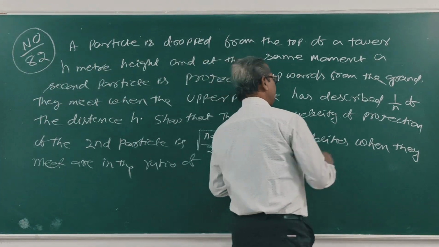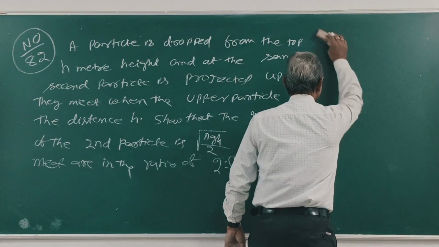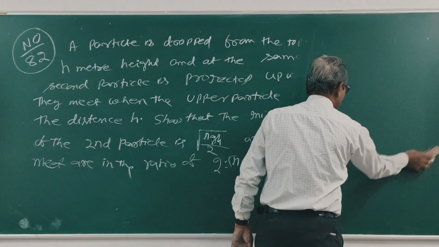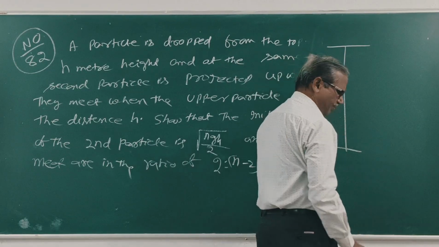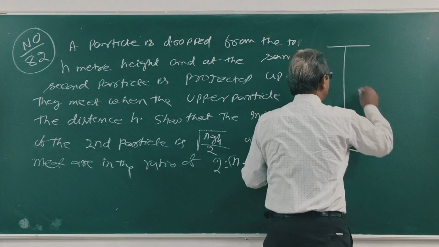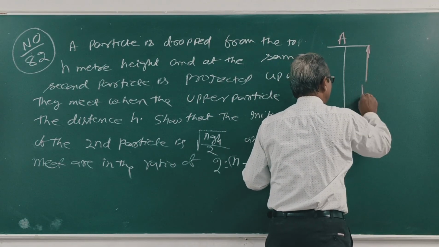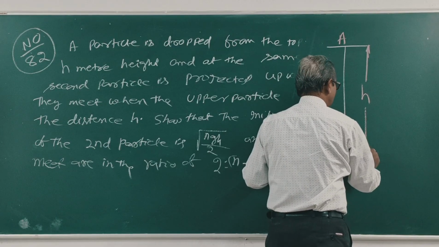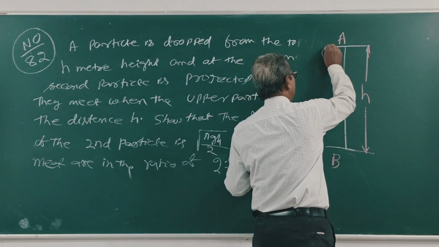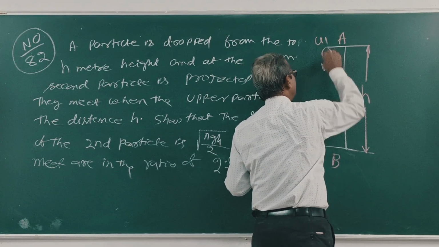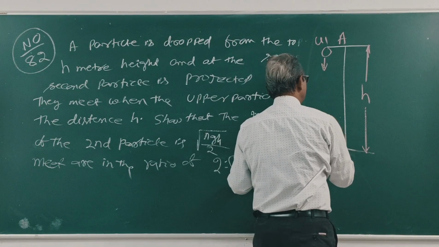First draw the figure. This is the tower, height h, AB, total height is h. One particle is dropped from rest, u1, another particle rises upwards, u2 is equal to, we'll find out.